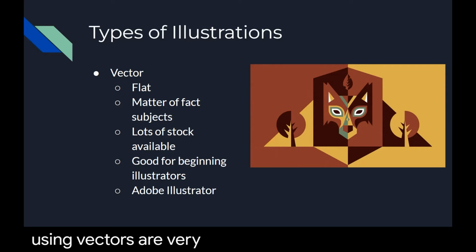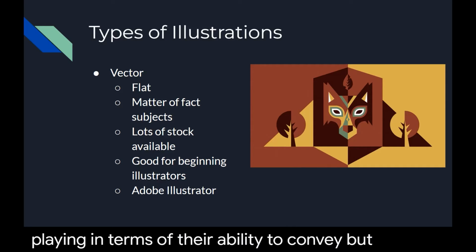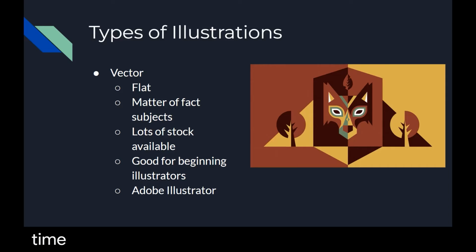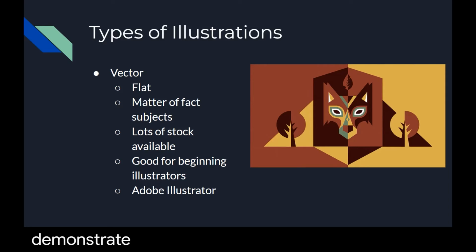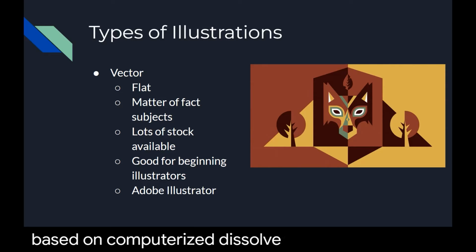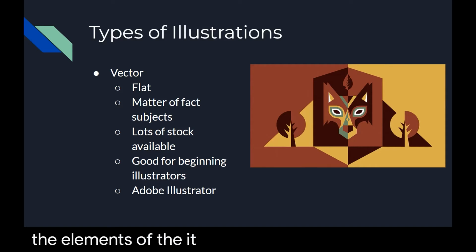Vectors are very flat, plain images, and not plain in terms of their ability to convey, but in the types of subjects that we are meaning to demonstrate. Vector images actually use formulas based on computerized design that make it so all of the elements of the image work in tandem with one another.